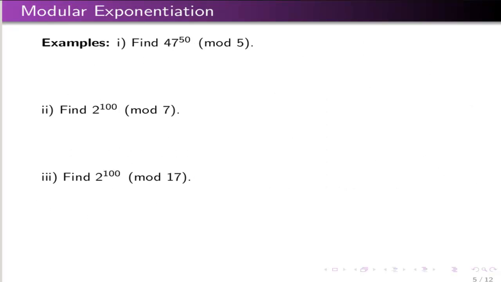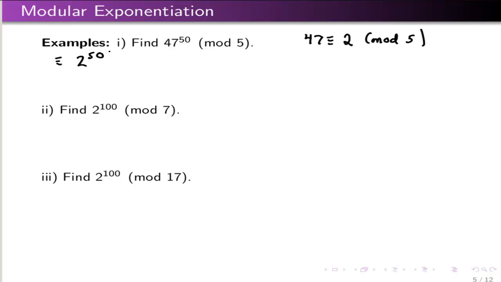Okay, let's do a couple examples. So if I want to find 47 to the 50th power, the first thing I'll do is substitute in that 47 is congruent to 2 mod 5, being 2 more than 45. And so 47 to the 50th is the same as 2 to the 50th.